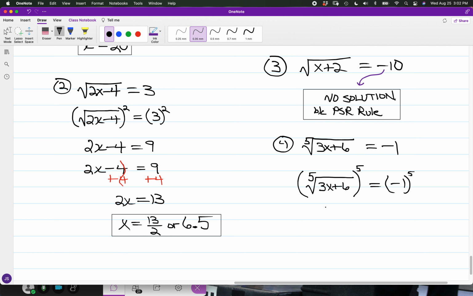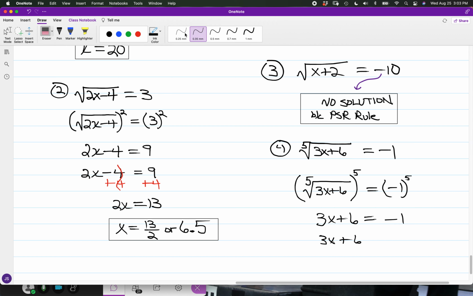So for what we have on the left, we've got 3x plus 6, and negative 1 to the 5th. We have negative 1 times itself, times itself, times itself, times itself, and it's just going to stay at negative 1. With this linear equation, I have 3x plus 6 equal to negative 1.